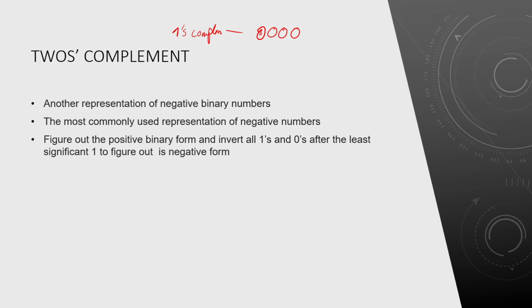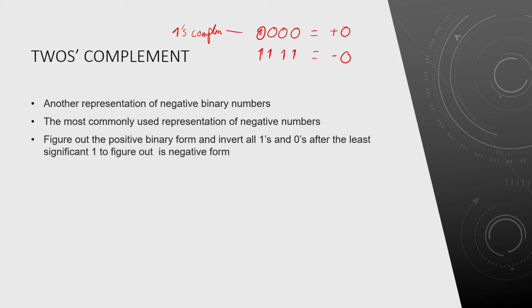So we have 0, 0, 0, 0, and that would equal plus 0. And then we invert all the zeros to ones, and all the ones to zeros. This is just straight zeros, so we just invert them to ones. And then you have negative 0. So there can be a problem in addition and subtraction, which is caused by this type of inverting of these numbers, but two's complement does not allow that.